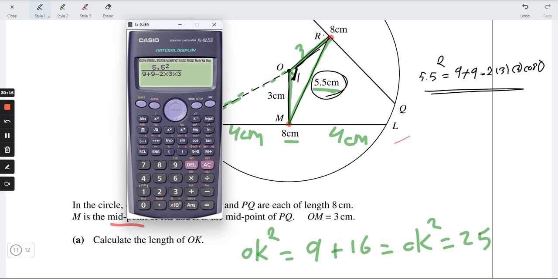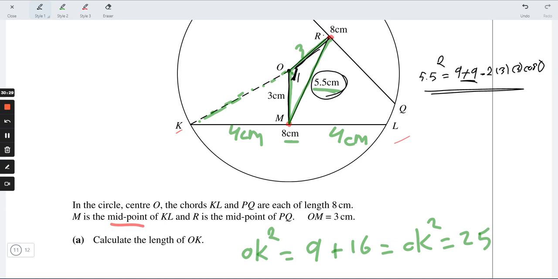Oh, why wrong? 9 plus 9, oh sorry, here I made a mistake again.